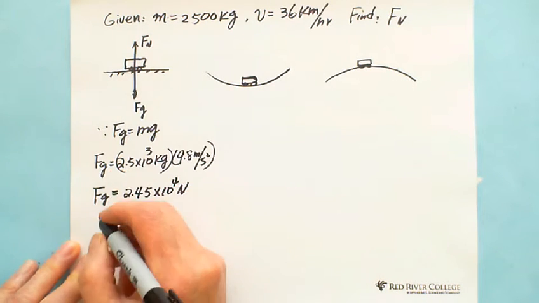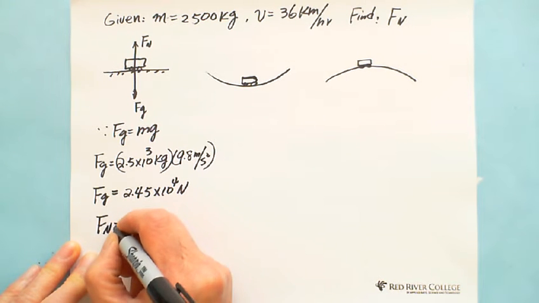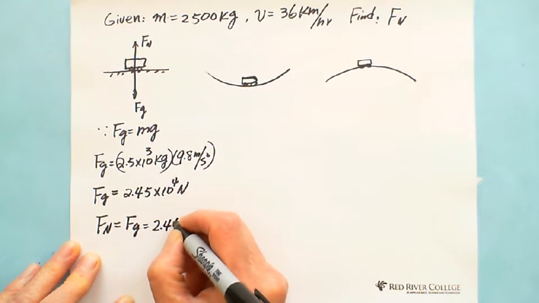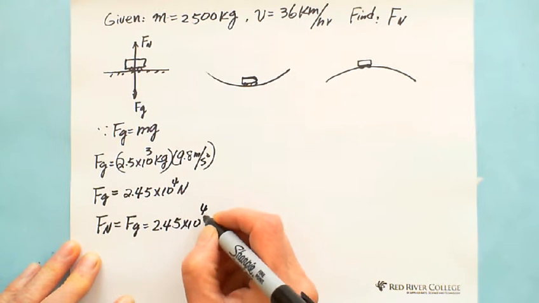Because it's a flat road, the normal force equals gravity, 2.45 times 10 to the 4 Newtons.